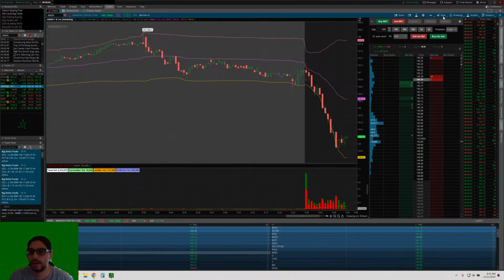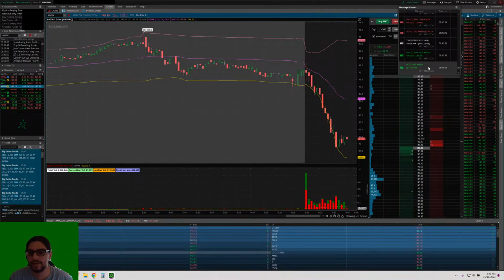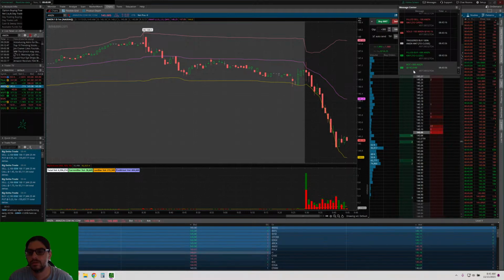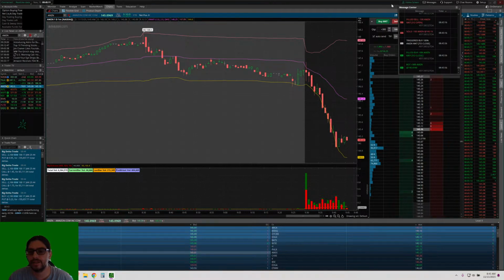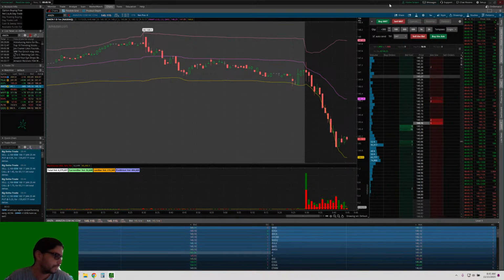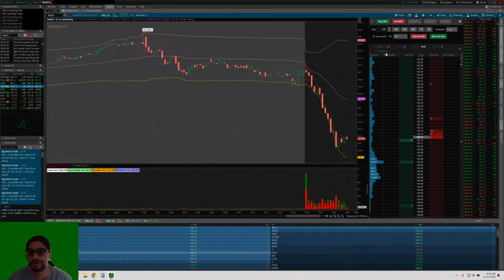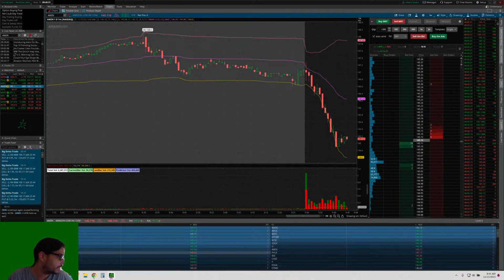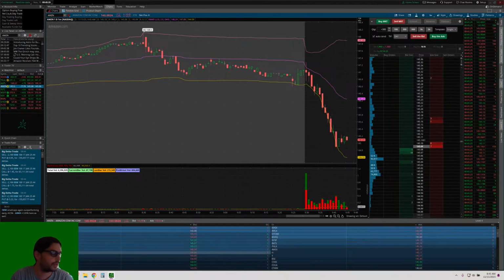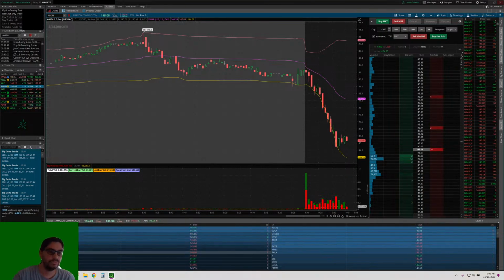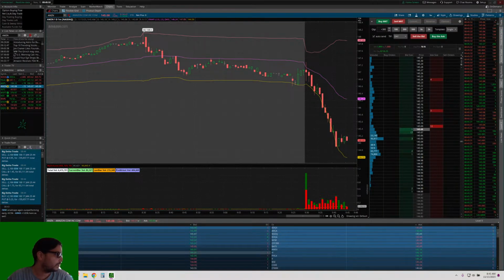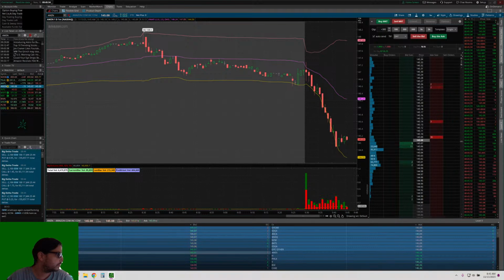So yeah, I'm pretty happy with the fact that I didn't get much, but I got out with a few pennies on average. You know, it was a green trade. I think I only moved up by, how much did I move up? $10? Something like that. So I'm like 170 right now.